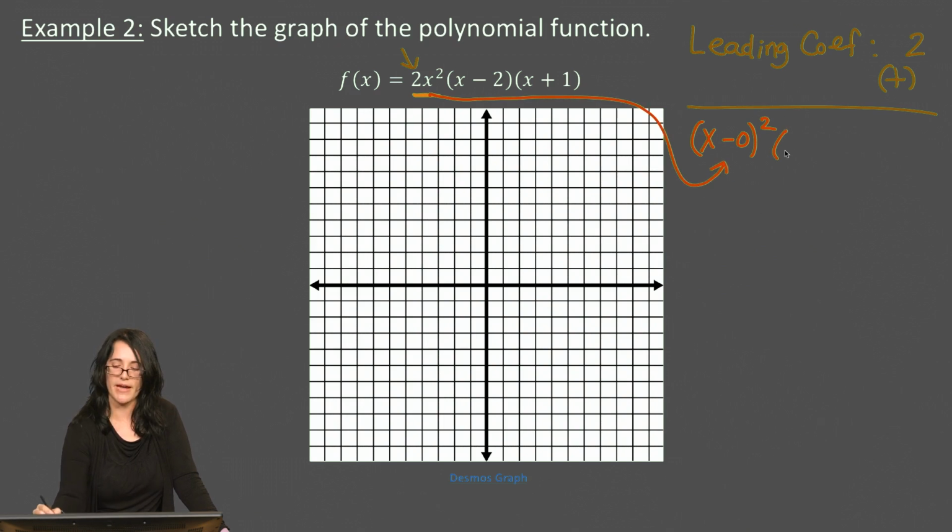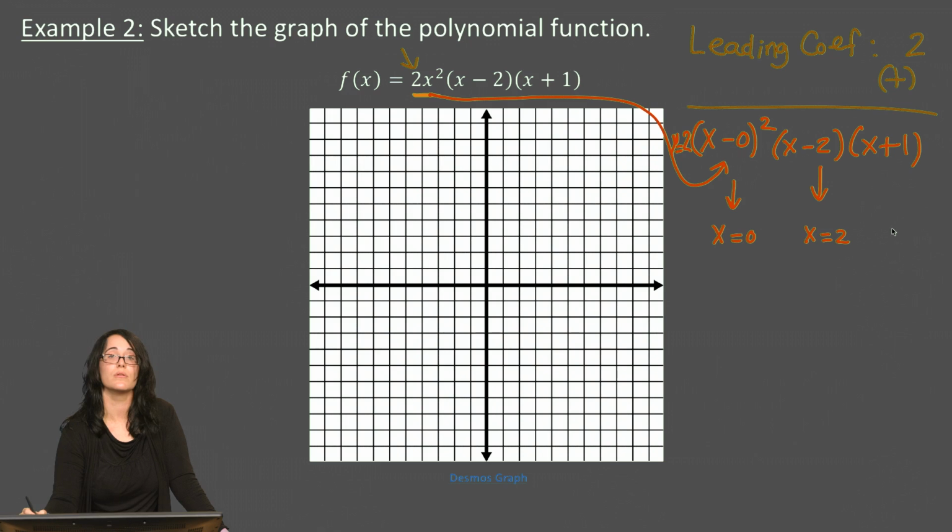We have another factor of x minus 2 and another factor of x plus 1, right? But if we were to say that's basically y equals 2 times that, and set each of those equal to 0, wouldn't we get that x equals 0, that x equals 2, and that x equals negative 1? Yeah, that's just the factor theorem again. The 2 is important.